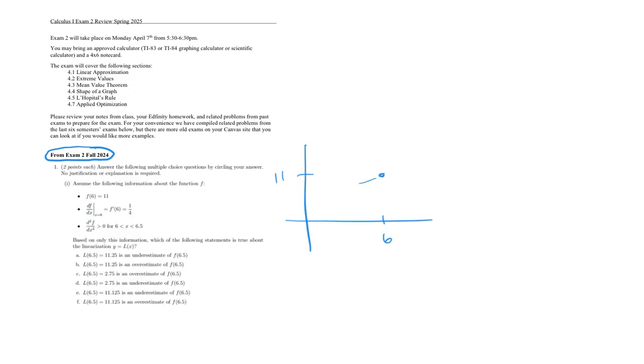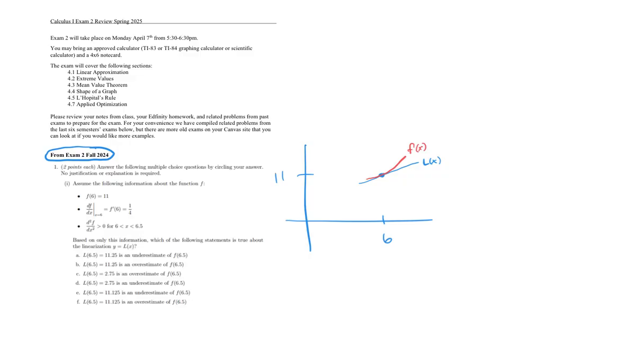We know that the second derivative is positive, so that means the function is concave up. So it should be some sort of concave up function. And then, this is my f of x, and this is my L of x, my linearization. Based on this information, which of the following statements is true about the linearization?